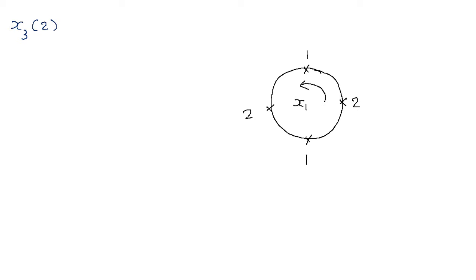Now we'll find out x3 of 2. To find x3 of 2, first we represent the first sequence x1 of n on the circle in the counterclockwise direction, 2, 1, 2, 1. There is no change.